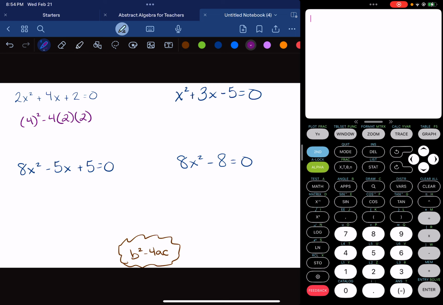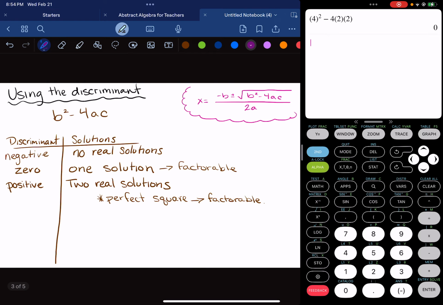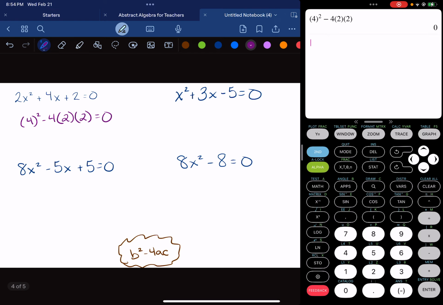And I can put that in the calculator. So I get parenthesis 4 squared minus 4 times 2 times 2. And I get 0. And then recall from the previous screen, when we have a discriminant that's equal to 0, it means I have one solution.